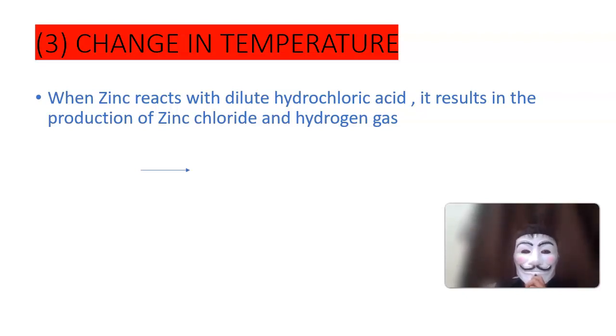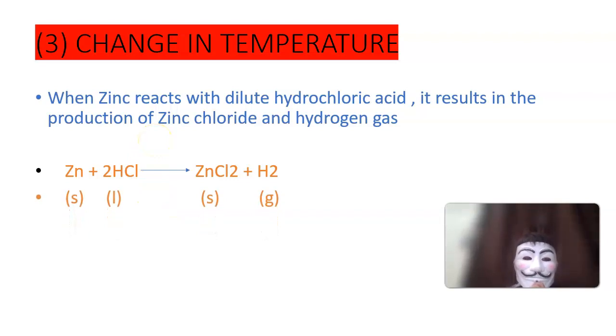HCl. It results in the production of zinc chloride and hydrogen gas. So here we can see zinc plus dilute hydrochloric acid is equal to zinc chloride, ZnCl2, and hydrogen gas, which is H2, this too we know.